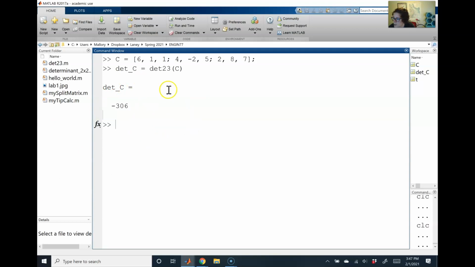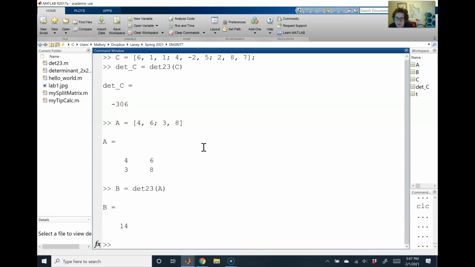Let's try putting in a 2 by 2. So we have 4, 6, 3, 8. And let's try determinant 2 3 of A. It should be 14, which it is.